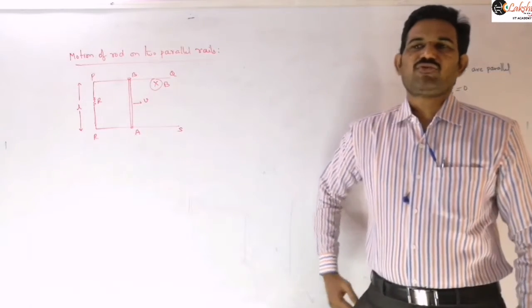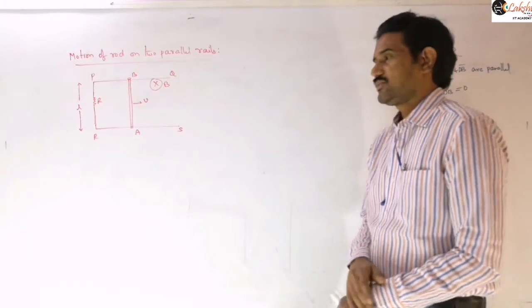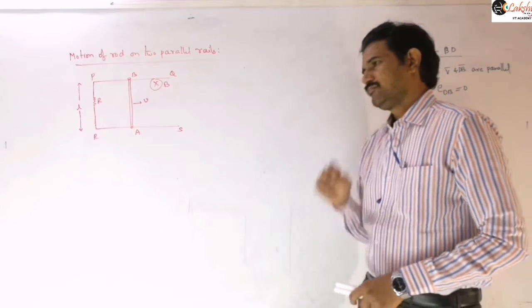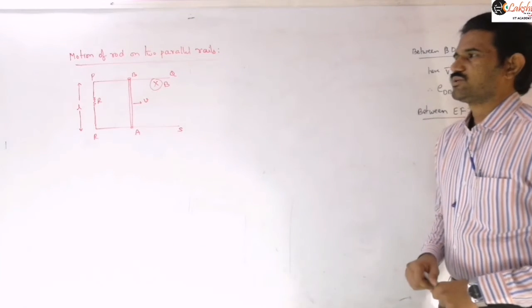B is a uniform magnetic field placed perpendicular to the plane.